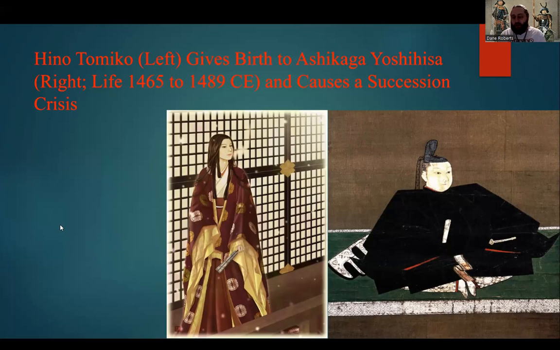while Ashikaga Yoshimasa was sort of honor and duty bound, due to the strong Confucian and Japanese ethics, to uphold his promise to his brother that he would be the successor.